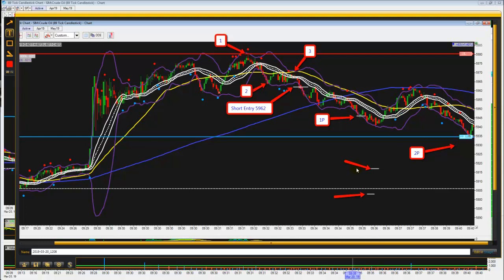Now what I was looking for is to go to here. I wanted the trade to go here, and then I would have protected here at 2. So I would have taken either 3 or a 2P on the target out of the trade.